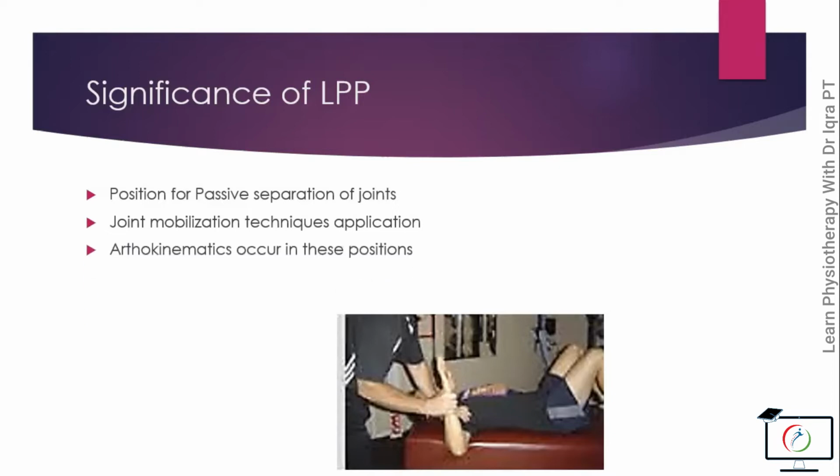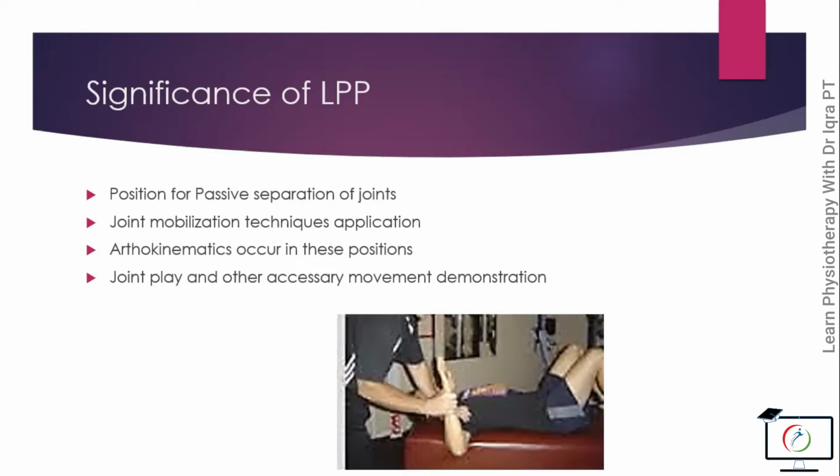The orthokinematic movements including roll, spin, and glide occur in this position. Because a joint play is not a voluntary movement, it requires relaxed muscles that are present in loose back position.